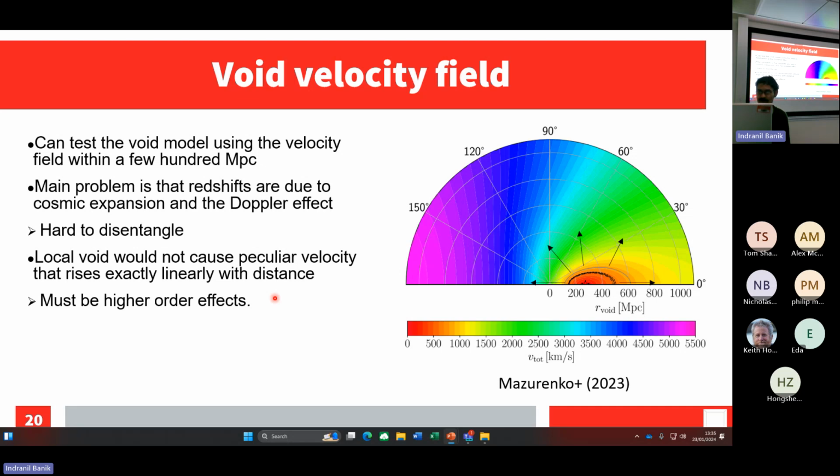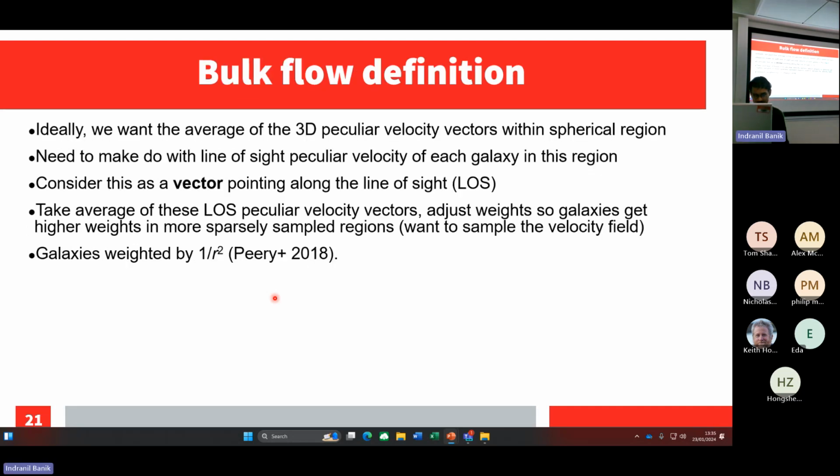So this brings you on to the so-called bulk flow, which is the average velocity of all the mass within some region. Now, this isn't directly accessible observationally because we only have line of sight velocities, which we can consider as a vector.